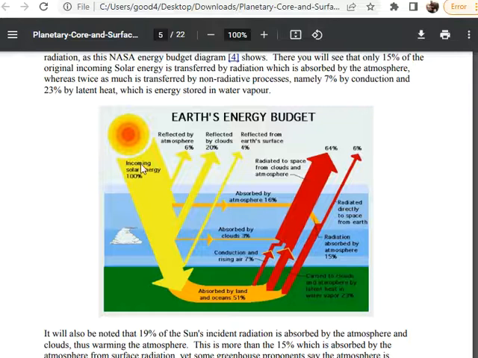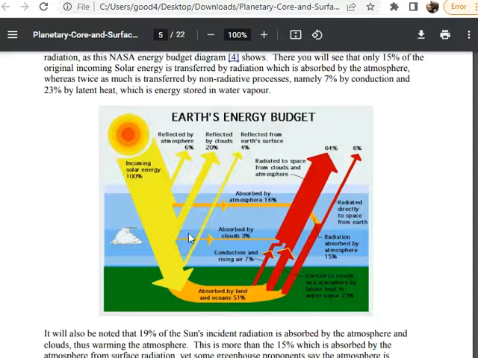So it looks like 6%, 20%, and 4% are reflected off of various surfaces. 16% gets absorbed by the atmosphere and is re-emitted in infrared light, basically infrared light from the atmosphere. 3% is absorbed by the clouds and is re-emitted as infrared light from the clouds.